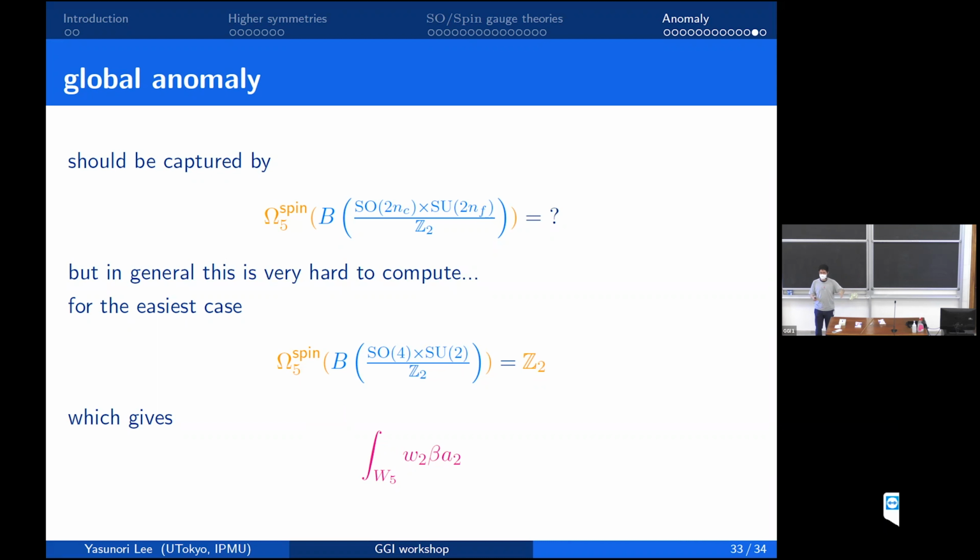By looking at this, you can see that there's no other type of anomaly.